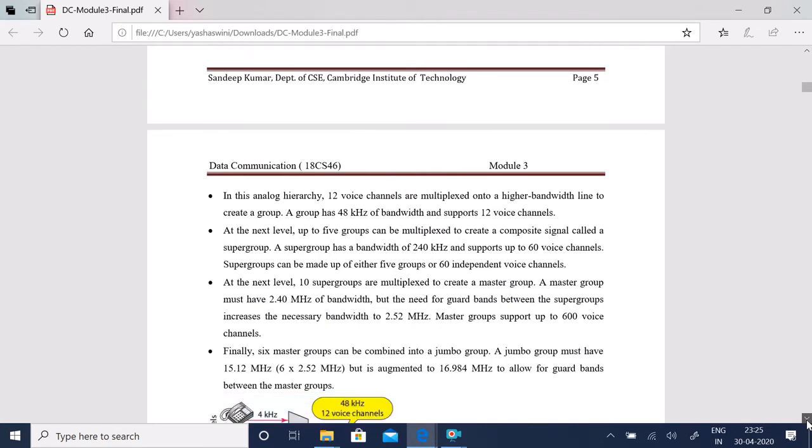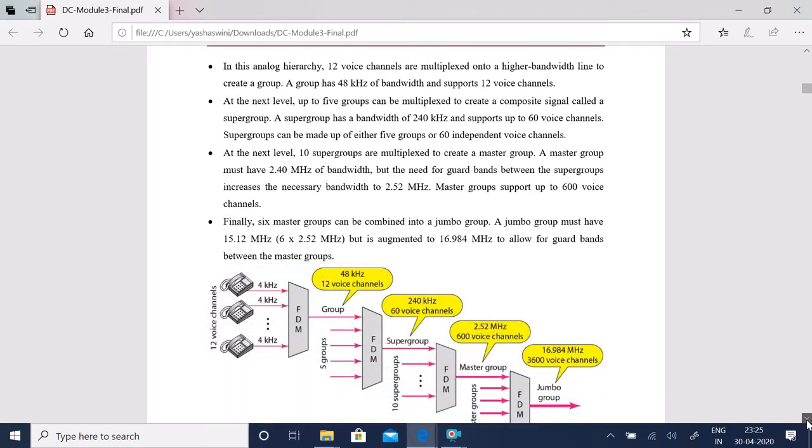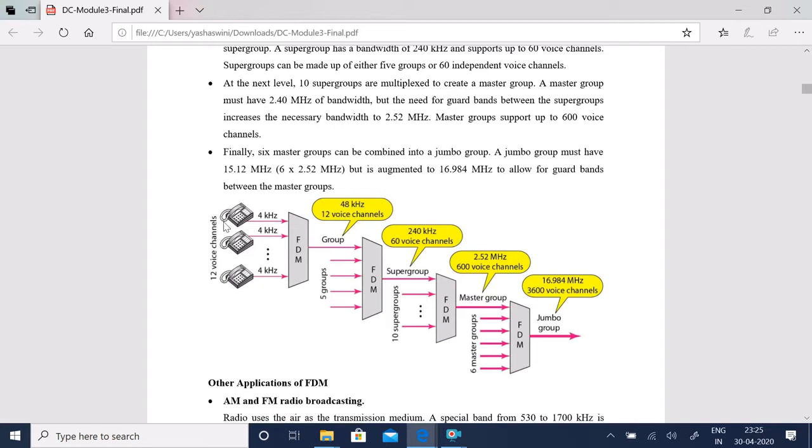To explain more, when n channels, for example 12 voice channels, are multiplexed using frequency division multiplexing, they are grouped into a single group of 48 kilohertz, because 12 into 4 is 48.